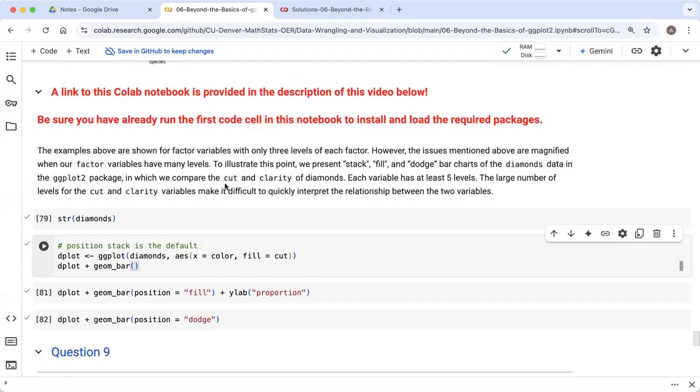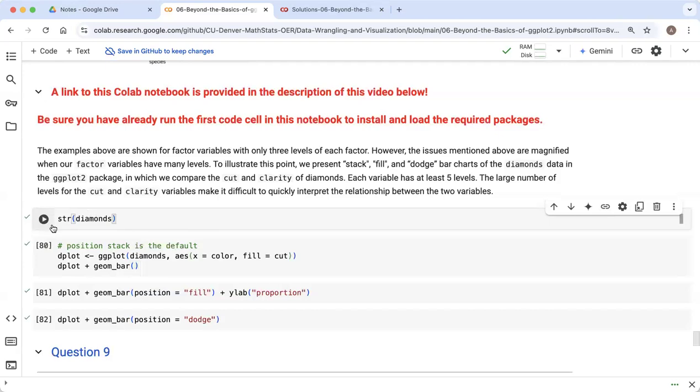And if you've read some materials out there on ggplot2, the diamonds data frame is a classic data frame because it's got a lot of data in there that's really good at illustrating how to do exploratory data analysis and illustrating a lot of features of ggplot2. So we'll incorporate the diamonds data frame to illustrate some features of the position option for the bar geom.